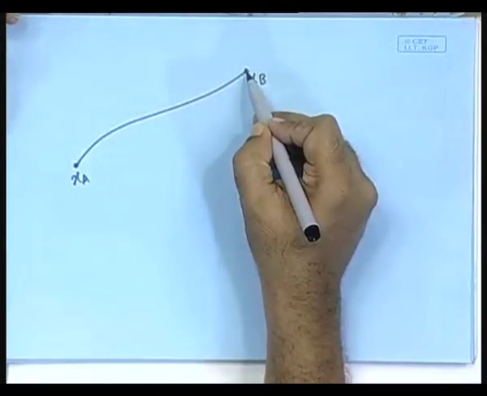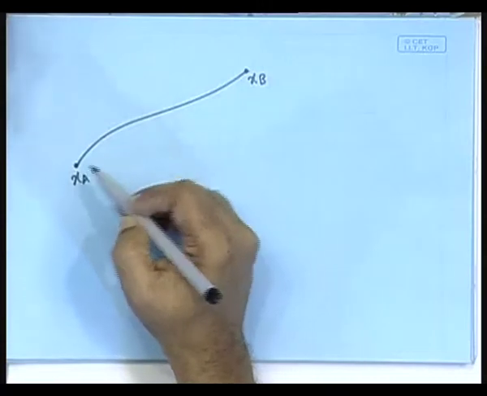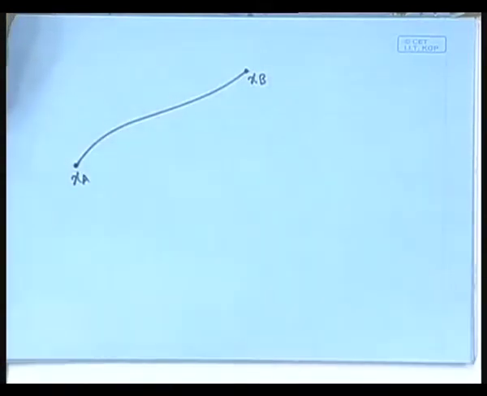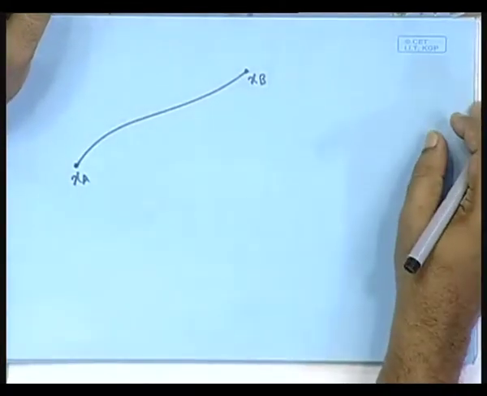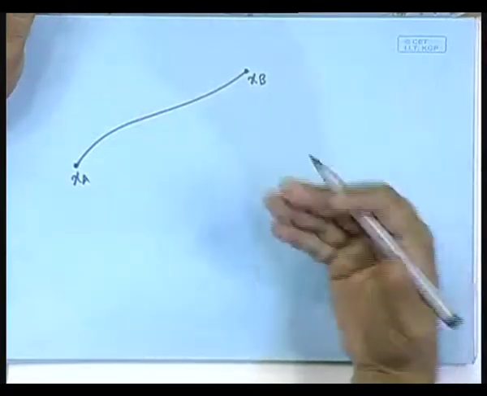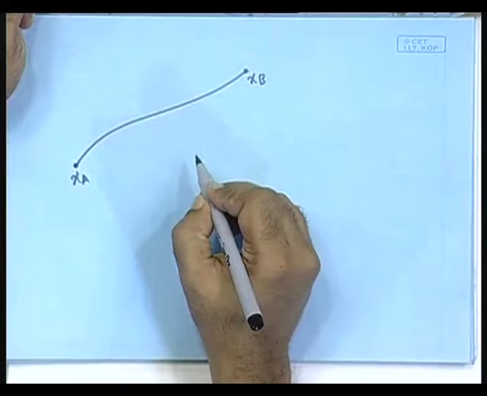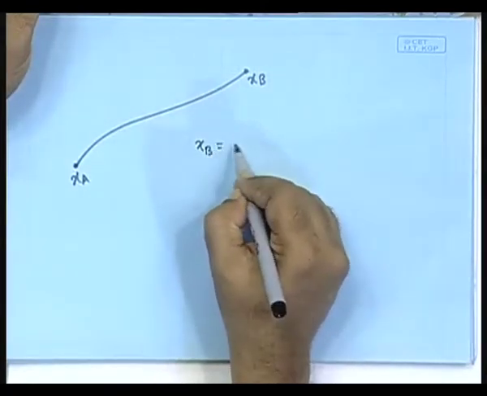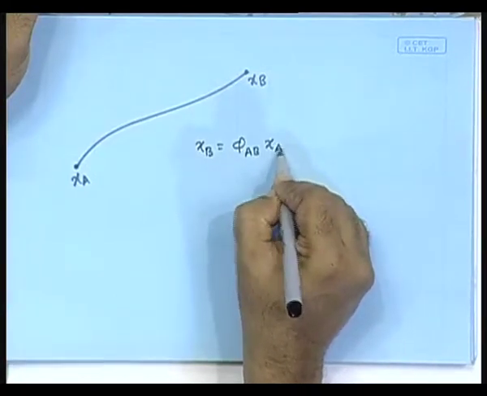So, x b is the state transition matrix phi times the state x a. That is the concept of the state transition matrix. Then we will write x b is equal to phi a b times x a.